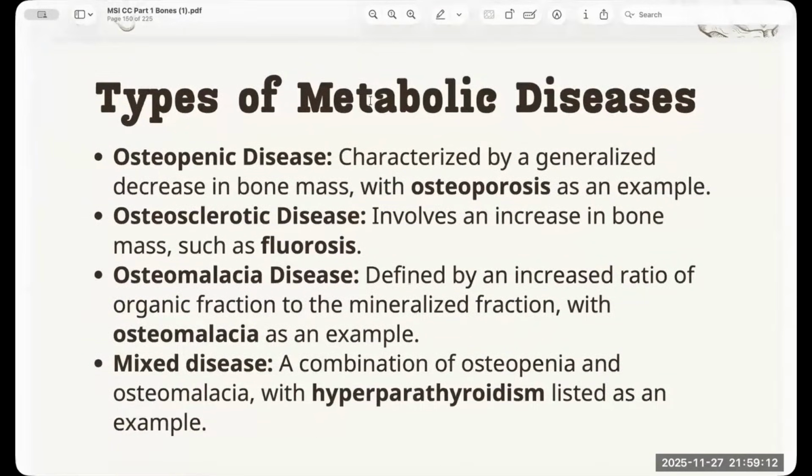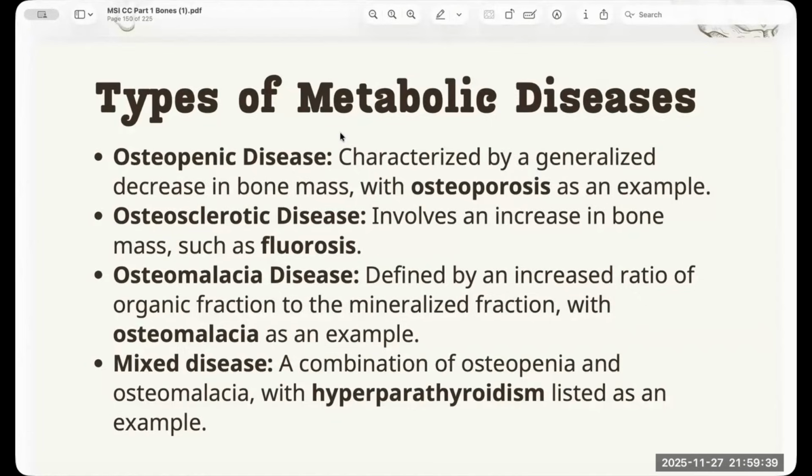So first of all, the types of the metabolic diseases of the bone. We have 4 types, okay? Osteopenic diseases, which is a generalized decrease in bone mass. This is usually osteoporosis, a very great example. Osteosclerotic disease, which involves an increase in bone mass, which is sclerosis.